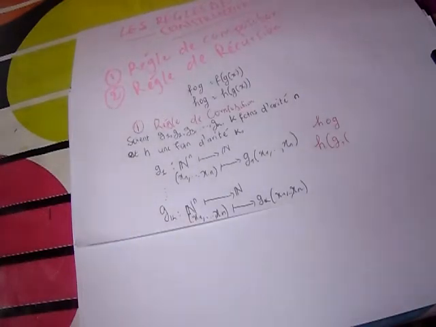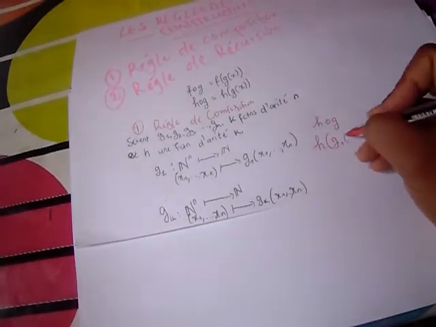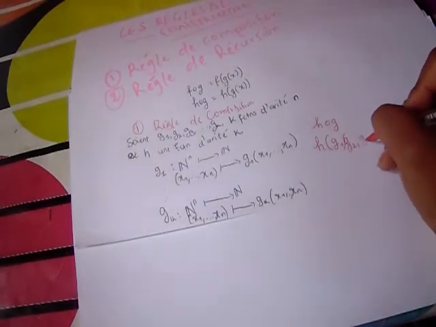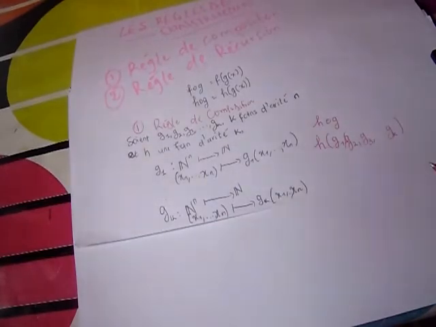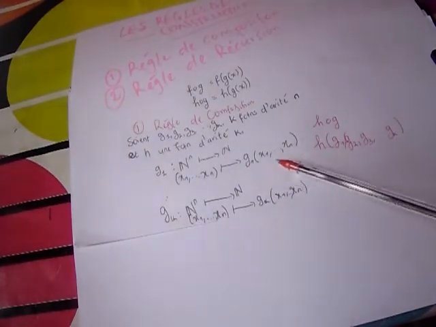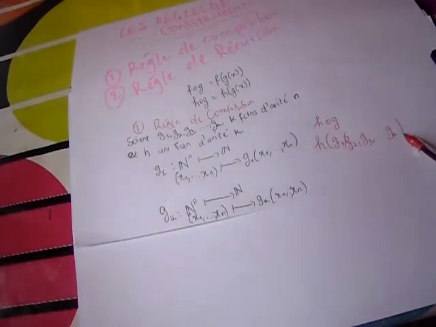So this is h de g1, g2, g3 jusqu'à gk. That's why we say h is a function d'arité k, but g is a function d'arité n, and h is a function d'arité k. I hope it's clear. Yeah, so that's why we have h is a function d'arité k and g1 to gk k functions d'arité n.